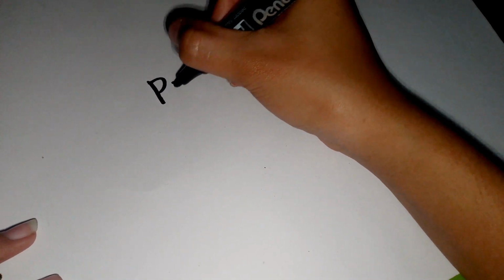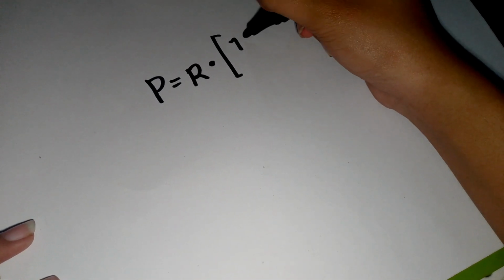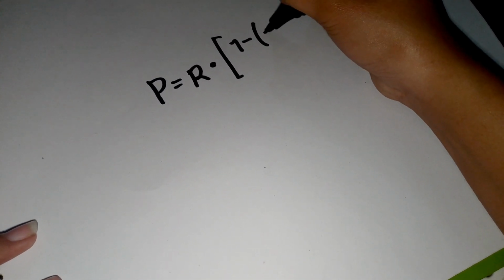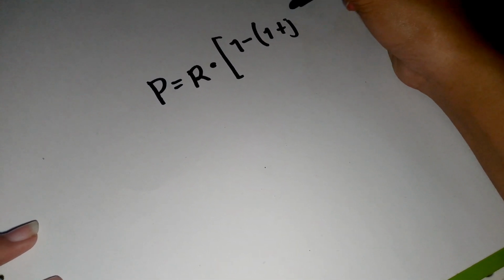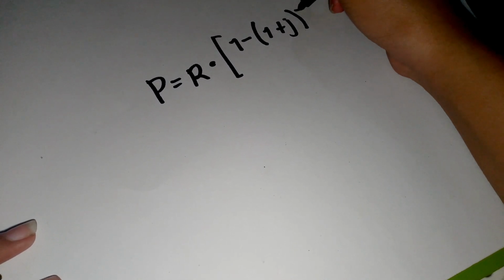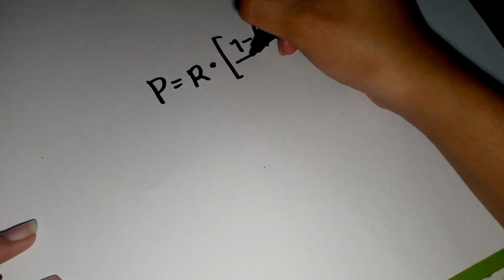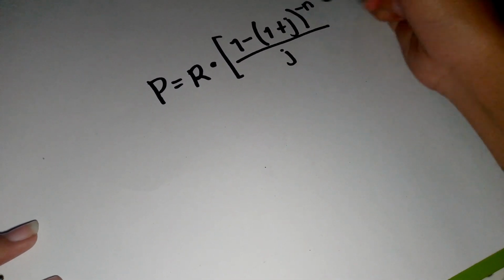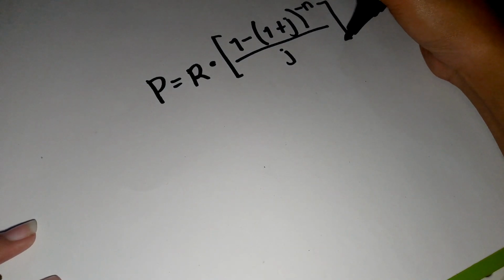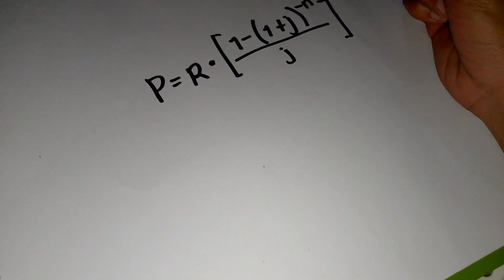In solving simple annuity, we have the present and future value formula. P equals R times 1 minus (1 plus J) parenthesis raised to negative N over J is the formula of present value.